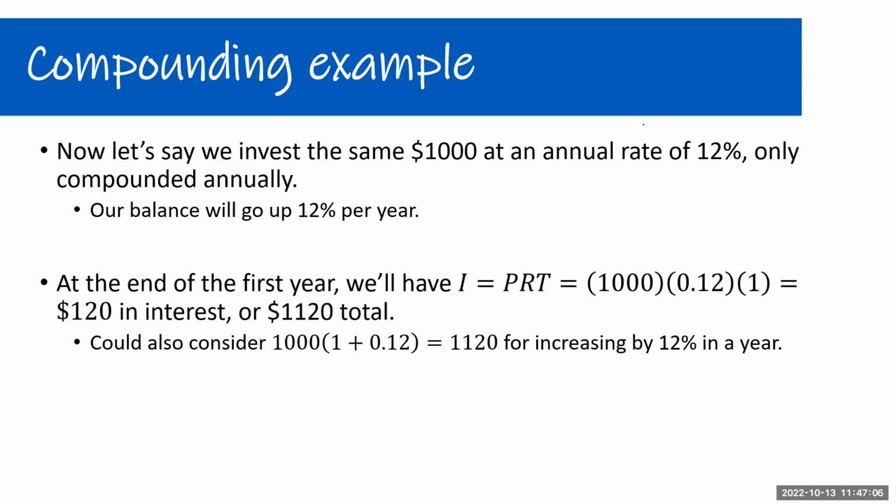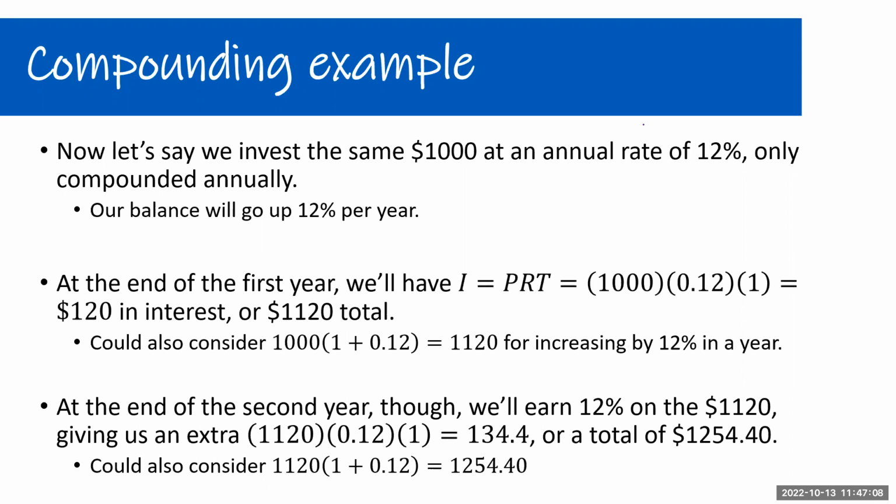So then at the end of our second year, we're going to get 12% on that amount instead of just on that original $1,000. So now instead of making $240 in interest, we're going to make that $254 because now at the end we're going to have $1,254.40. That is because it is accumulating during the life of the loan and not just simply being paid out at the end.